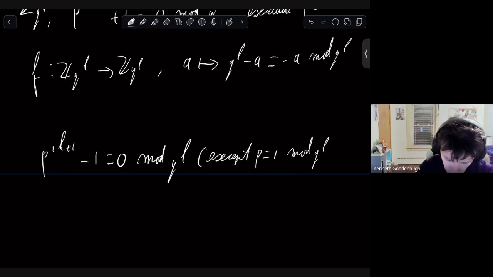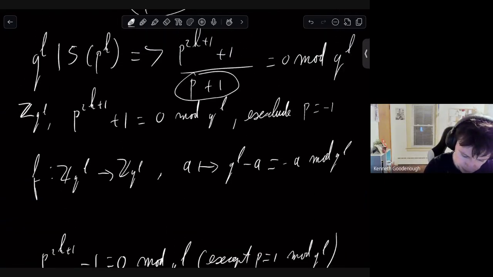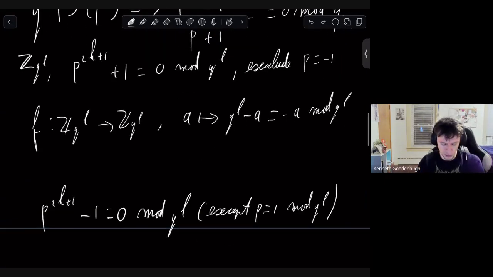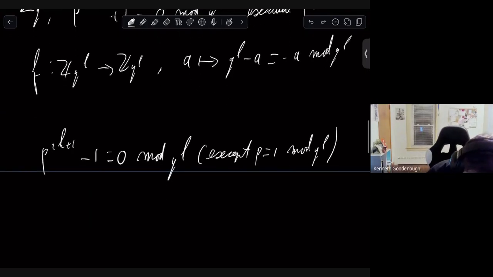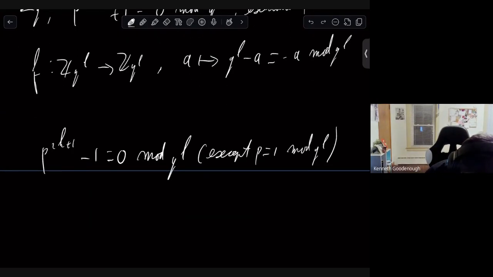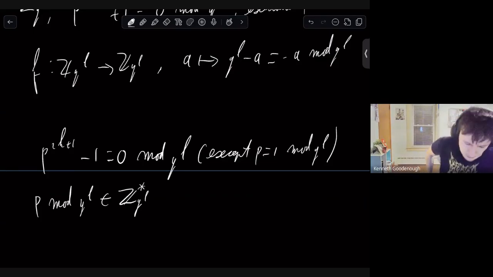That's the trivial solution that we were throwing away by including this denominator. Okay, so what else do we need to know? We need to have that p mod q to the power L is invertible. That was the above argument that I had. And that is already quite nice because this simplifies life a bit.